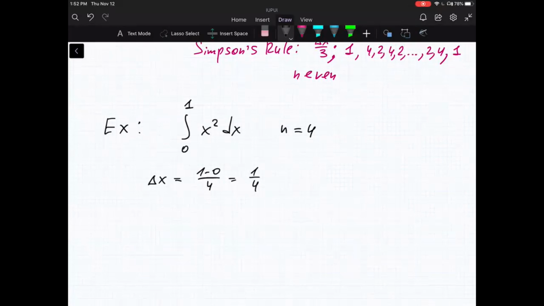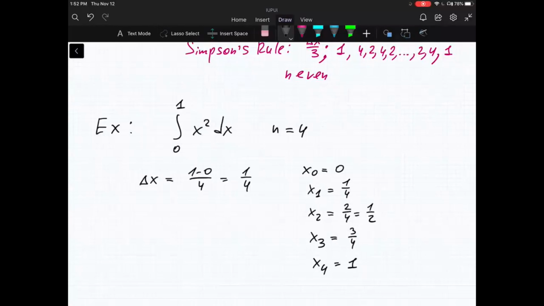And thus, my x0 is 0, my x1 is 1 over 4, x2 is 2 over 4 or 1/2, and each time I'm adding delta x to obtain a new x. x3 will be 3 over 4, and the last one will be, of course, 1.